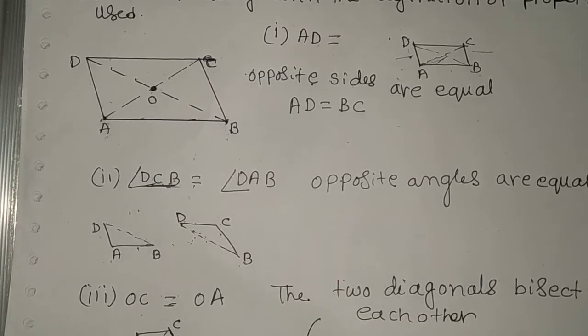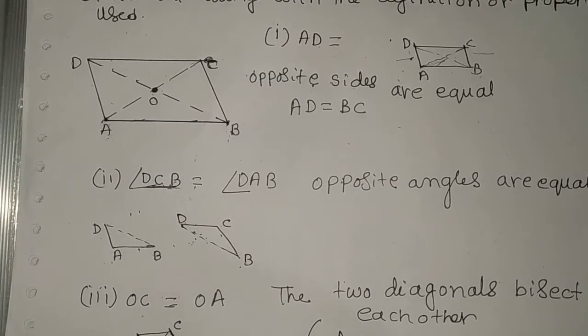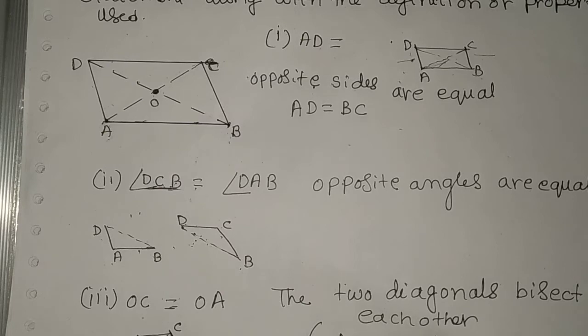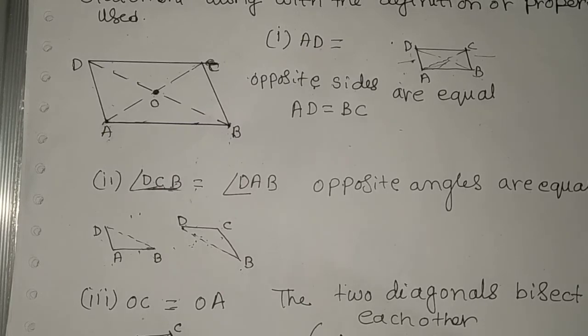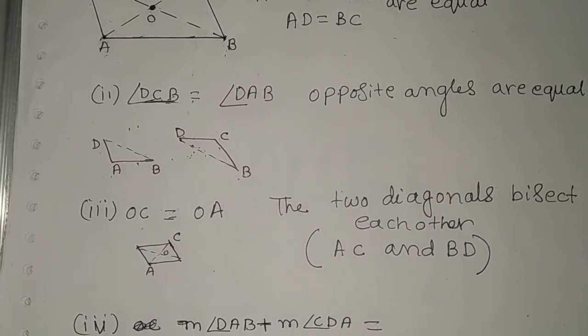Which are the diagonals? One diagonal is AC and the other is BD. These are the two diagonals. So this is the third option of the problem.